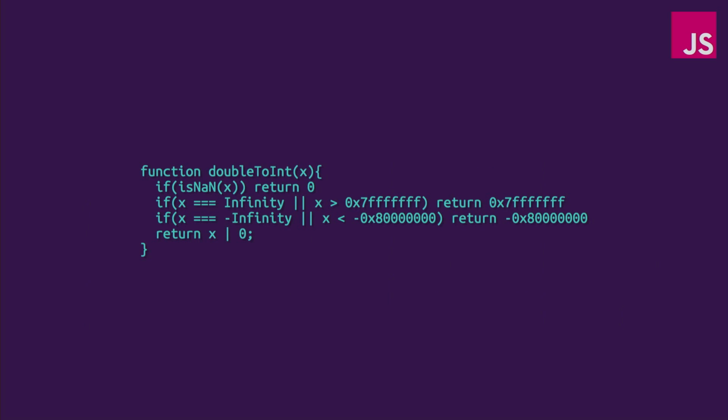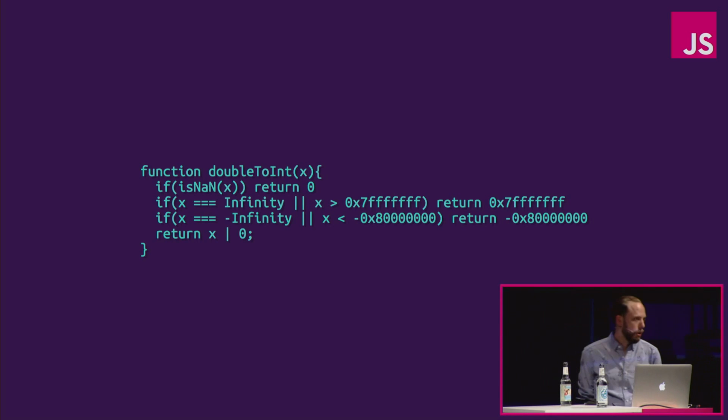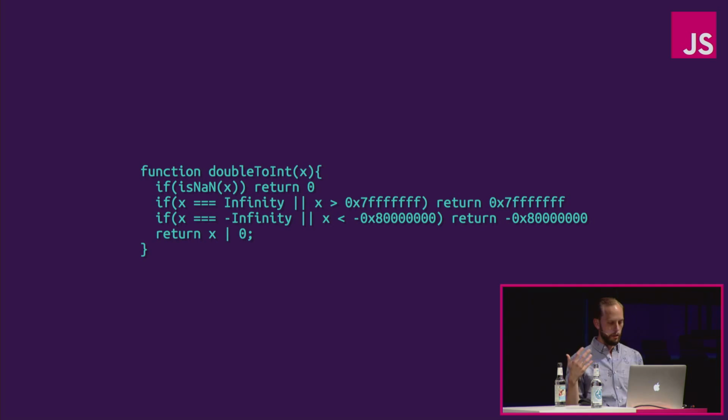So all of a sudden, it's not that simple anymore to convert a double to an integer. So we had this little method written, convert a double to an integer, which did exactly that. And that was quite an interesting moment, because we had a benchmark, and we found an error in the benchmark because it didn't convert a double correctly. So we implemented the method, and the benchmark was 10 frames per second slower.